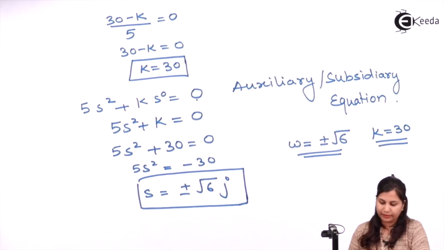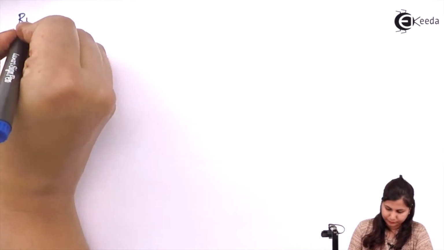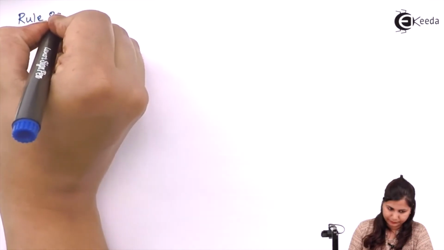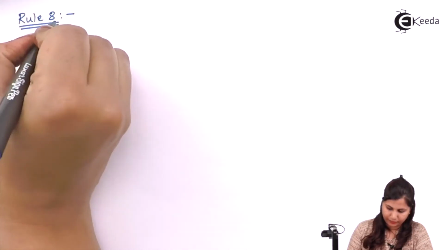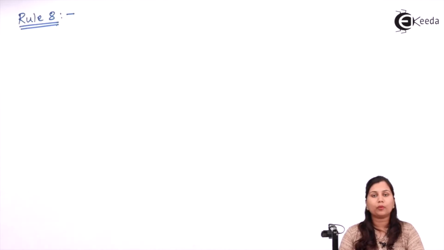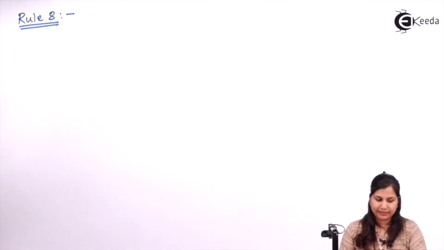Now rule number 8. If the poles of the system which we have obtained in the first step are complex poles, then we will determine the angle of departure and angle of arrival for the complex poles.